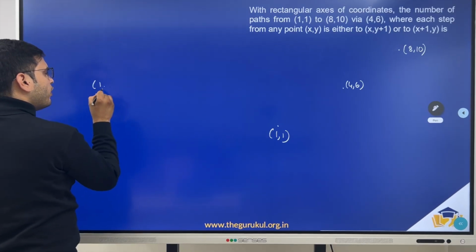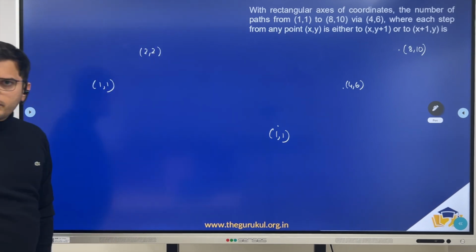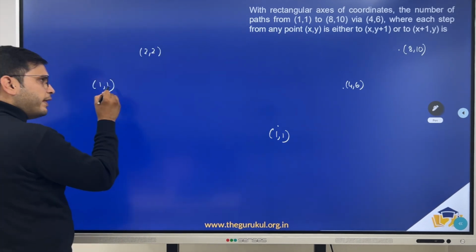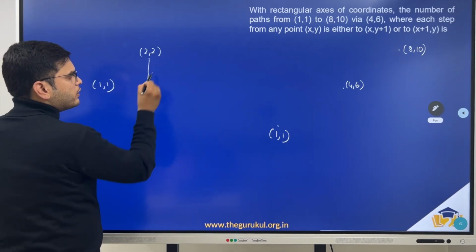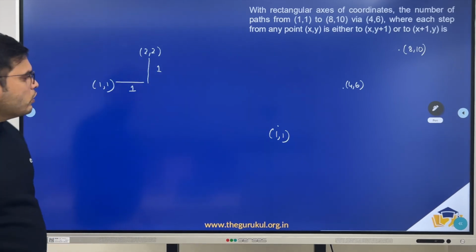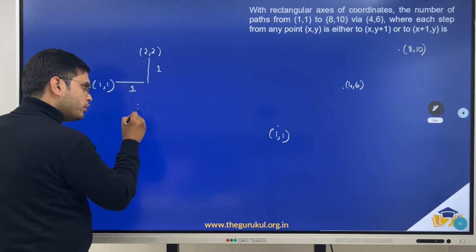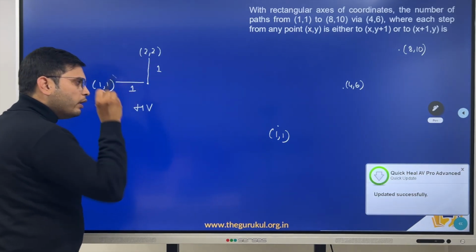From 1, 1, you should be reaching 2, 2. How many ways, taking one step at a time? For 2, 2, the vertical distance is 1 unit and the horizontal distance is 1 unit. So you can first move in the horizontal direction and then in the vertical direction.